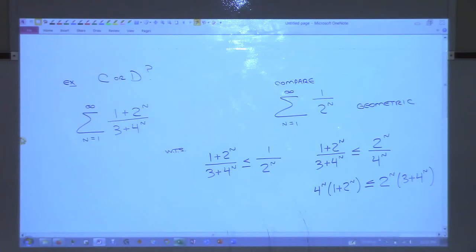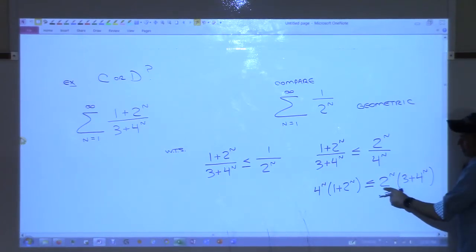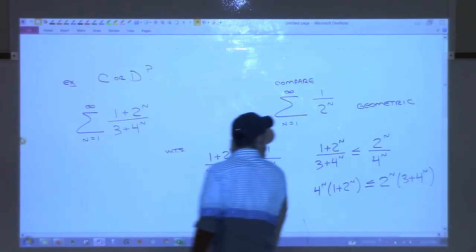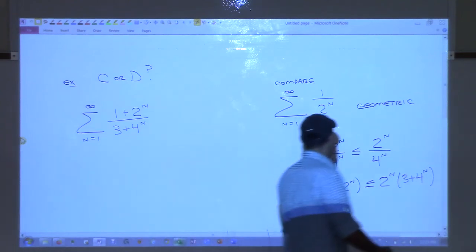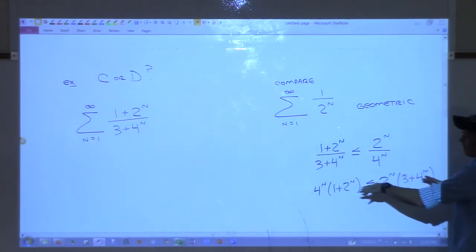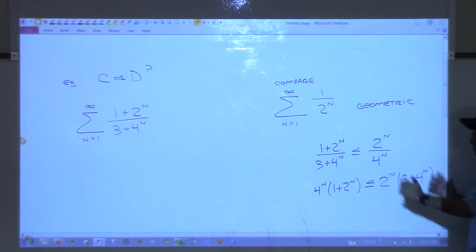So what do y'all think about that? Anything we can do? Distribute. We could distribute. Divide both sides by 2 to the n. That would reduce one side, so you're not having to multiply out the right side. Okay. Let's just try distribution and see where it takes us.